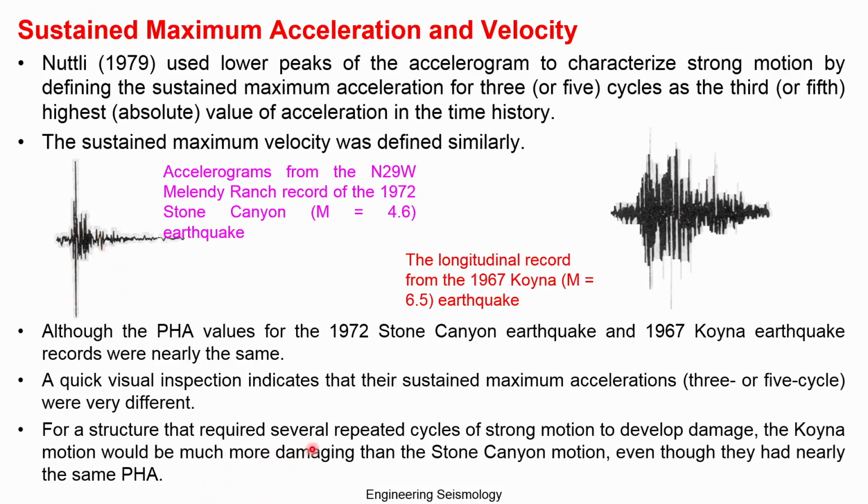For a structure requiring several repeated cycles of strong motion to develop damage, the Koina earthquake would be much more damaging than the Stone Canyon motion, even though they had nearly the same PHA. So, this was the message we get. When you have more sustained acceleration, you can expect a higher damage level than the PHA suggests for the same earthquake.